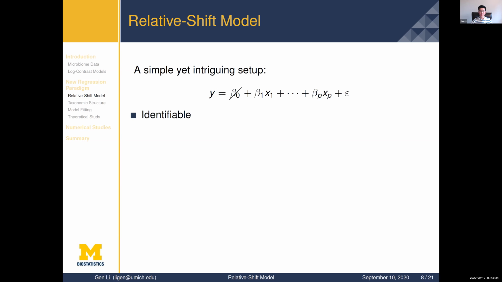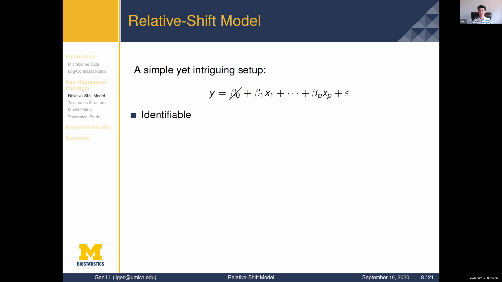We noticed that after reducing the degrees of freedom by 1, we can actually achieve identifiability right away. In other words, if we just eliminate the intercept term, this intercept-free linear regression is identifiable, in the sense that there's no identifiability issue.